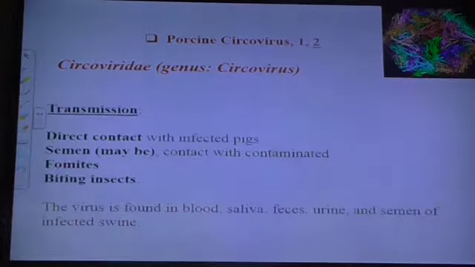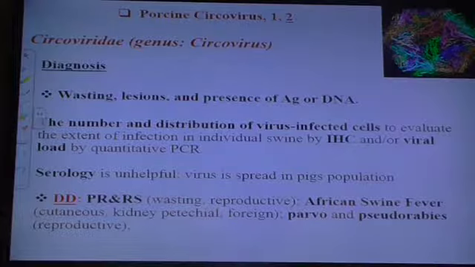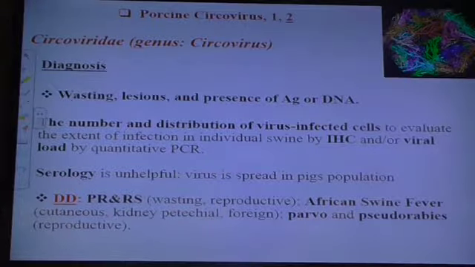Now, when it comes to diagnosis, differential diagnosis is very important in this case, because it has to be differentiated from those that cause respiratory disease, reproductive failure, and skin damage or necrosis. So what are these diseases? Porcine reproductive and respiratory syndrome.